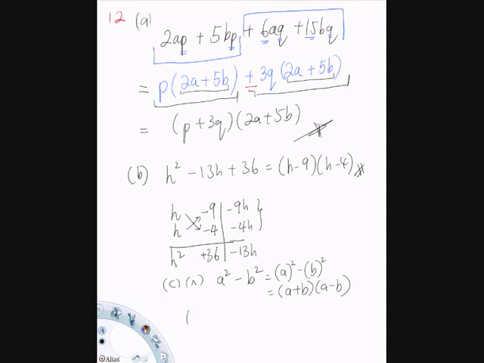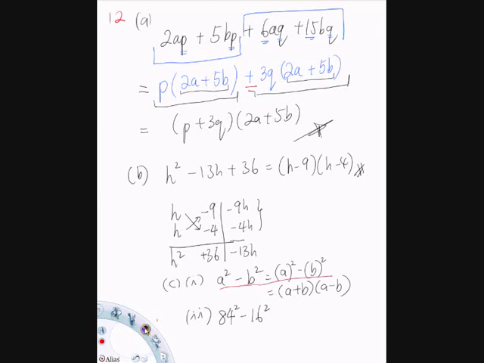For part 2, we need to use the answer for part 1. So we know that 84 squared minus 16 squared, we can use the identity here.